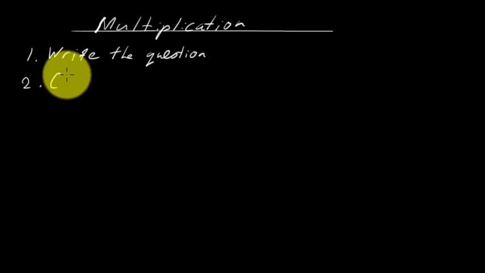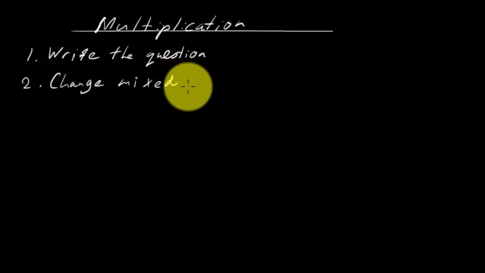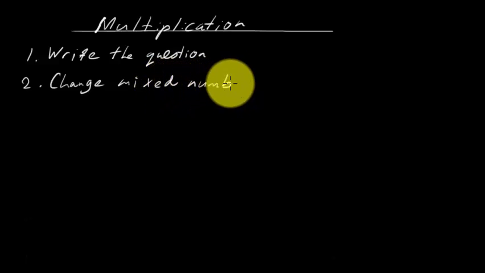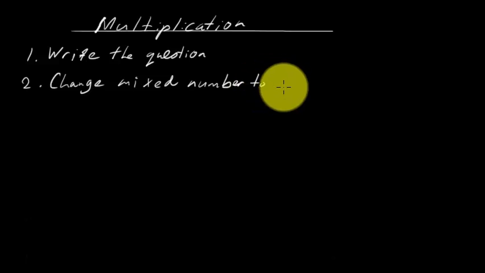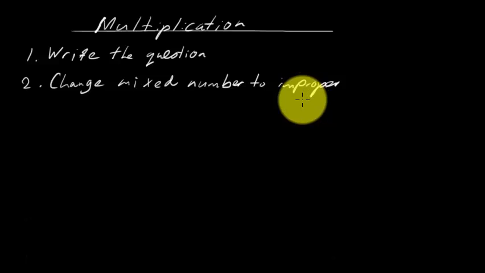So change mixed numbers to improper fractions, because it's a lot easier to work with improper fractions when we're multiplying rather than dealing with the integer part and the fraction part.